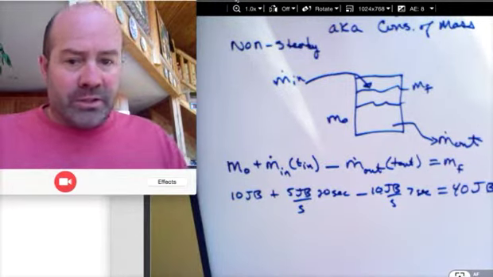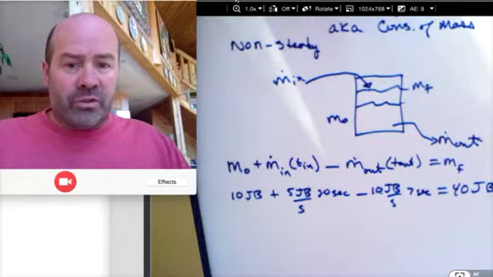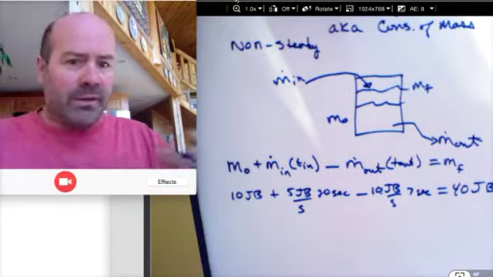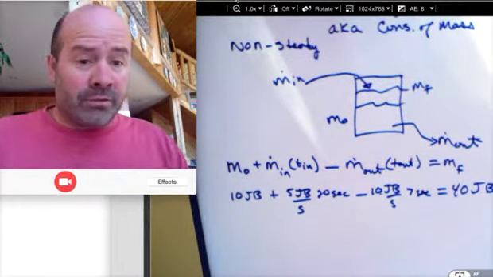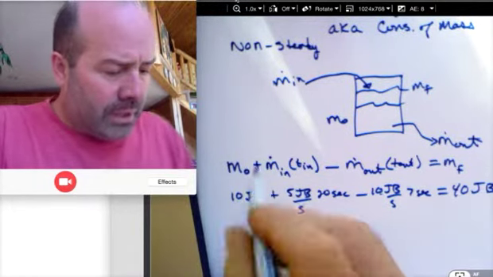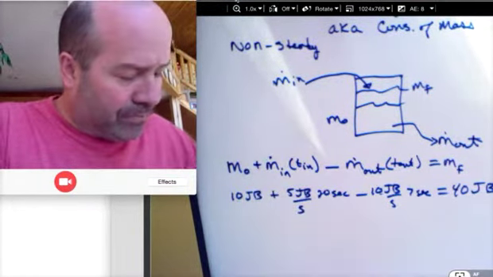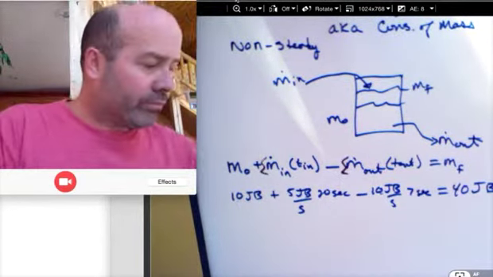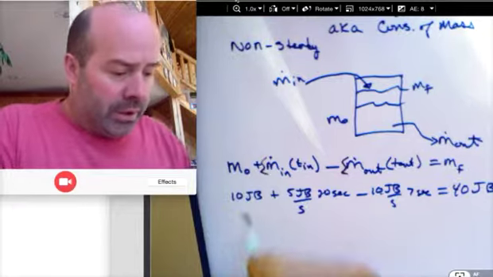Now you can replace jelly beans with slugs of water, with pounds mass of water, with kilograms of water, with any fluid or non-fluid, and that's the conservation of mass. Now you could have more than one of these coming in, so we could put a sum, more than one going out, but there it is.